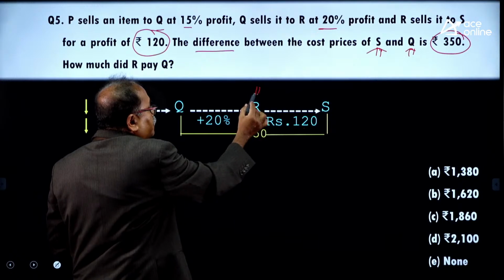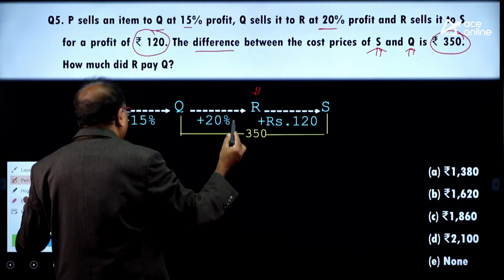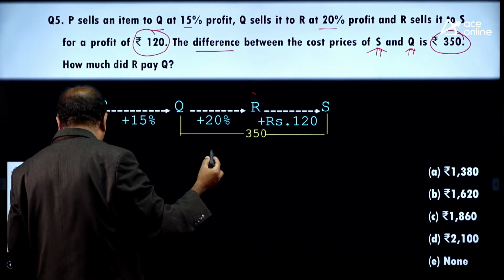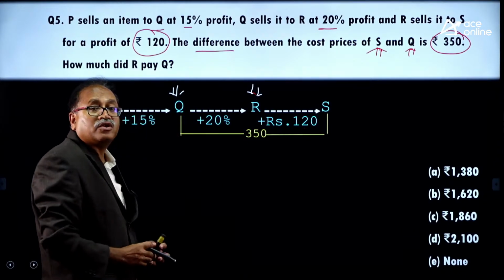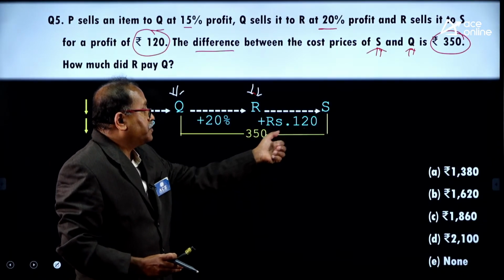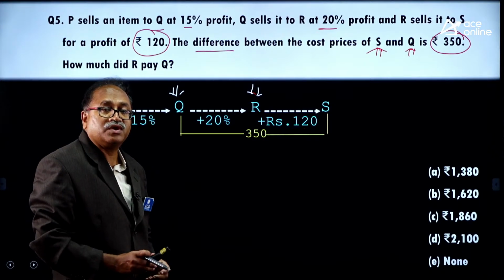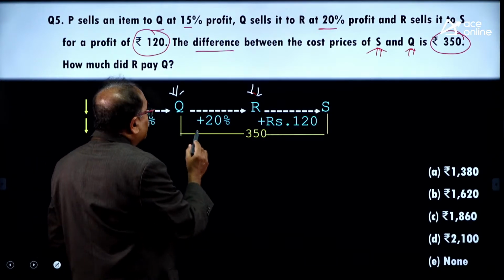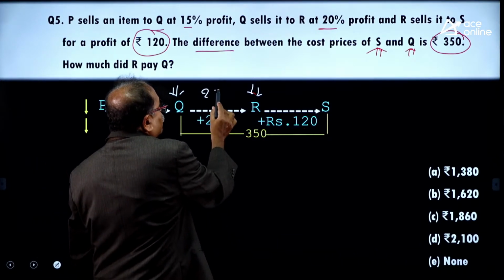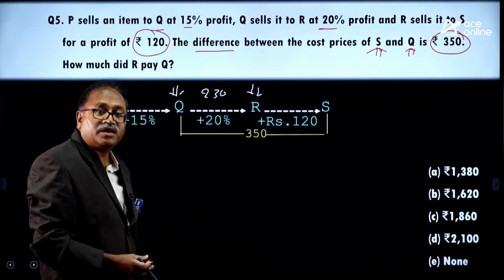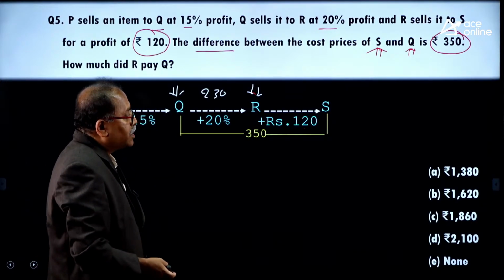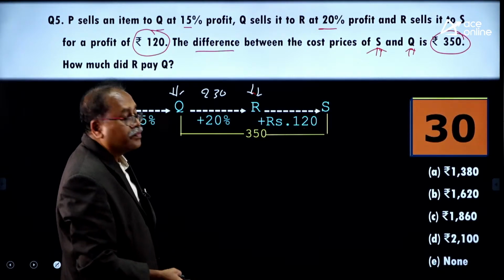So, therefore, the profit from Q to R, can I find out how much profit? 350 minus 120, that is 230. So, this profit is 230, and from here I give a pause and your time starts now.